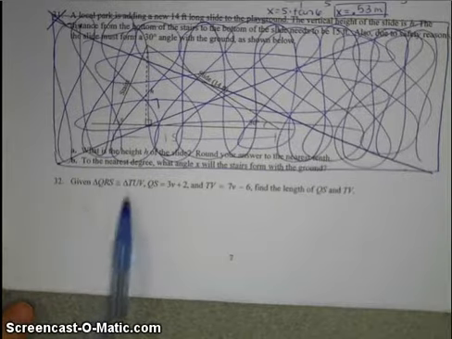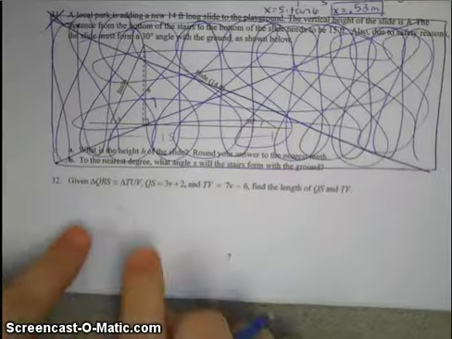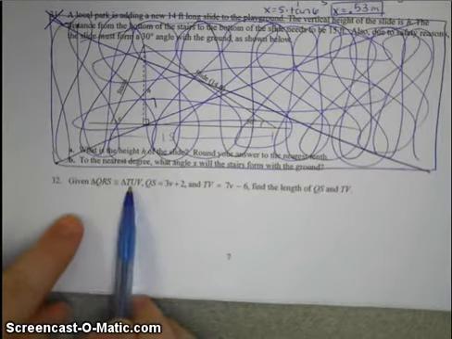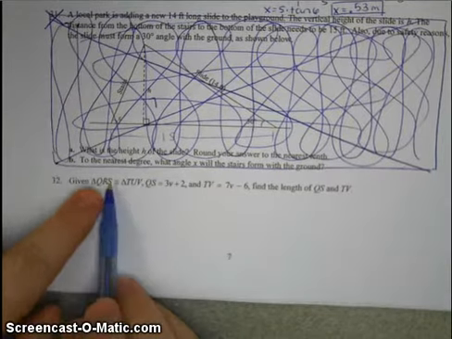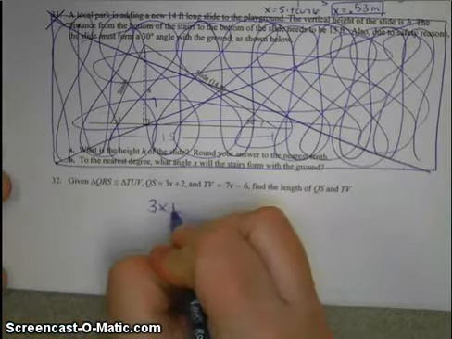Given triangle QRS is congruent to TUV. So we have some different measures here, QS and TV. By the congruent statement, we should see that QS and TV are in the same position, meaning that these two measures are congruent.